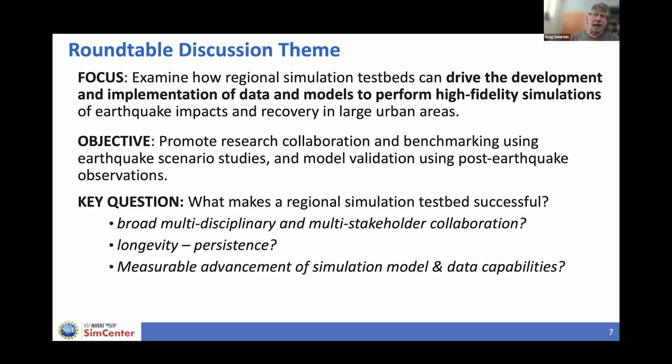Is it a simulation or a project that has longevity and persistence? That is, where people keep coming back to it, revisiting the data, improving on the models, and then looking for measurable advancements in simulation and data capabilities. These are not static simulations. The whole idea of a testbed becomes a living sort of study.